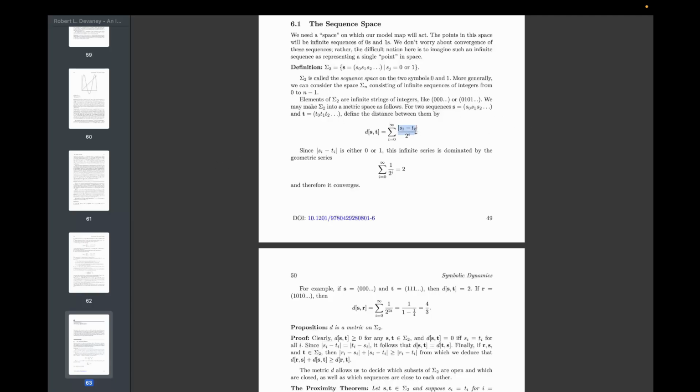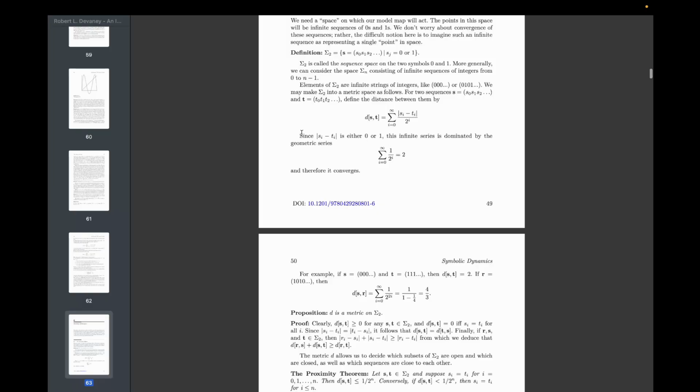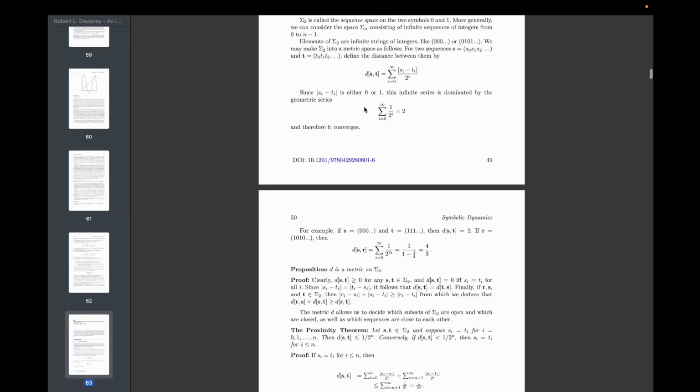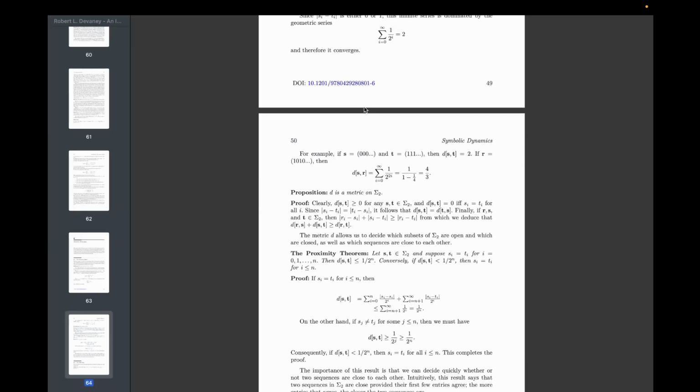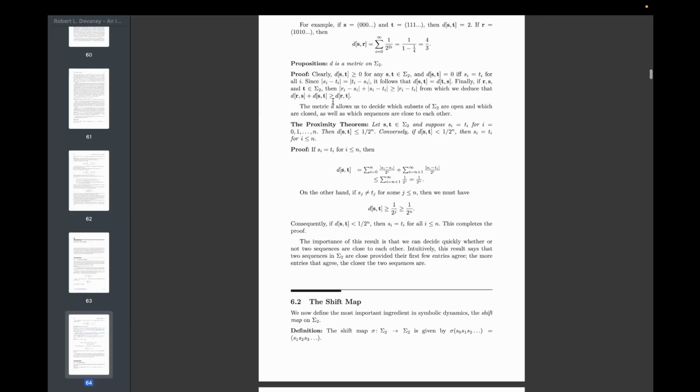Whenever the two sequences you're comparing, s_i and t_i, have different terms, in this case just 0 or 1, you take the place i and then it's 1/2^i. So it's more important if they differ in the very beginning, because that will contribute more to the sum than if they differ at the end, which makes sense because that's what you want the metric to be.